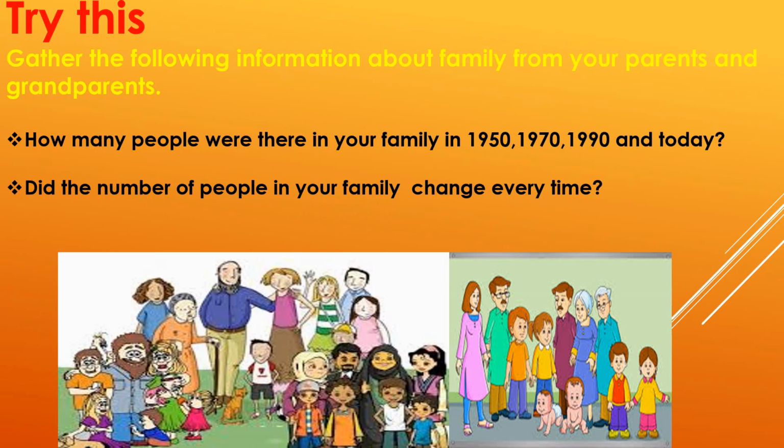Did the number of people in your family change every time? How did the change occur? As there is an increase or decrease of members in the family, ask your parents and grandparents and write it in your notebook.